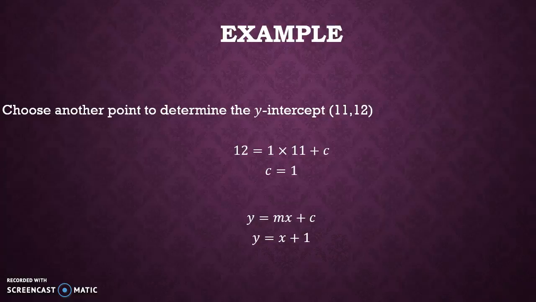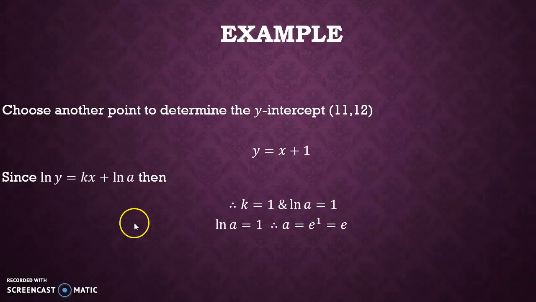Now we're going to take that equation of a straight line and relate it back to this log equation: log y equals kx plus natural log of a. Now k is the same as our gradient, so in this case k equals 1. And log a is our y-intercept c, so log a equals 1.